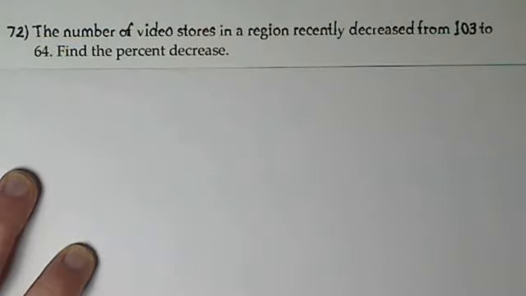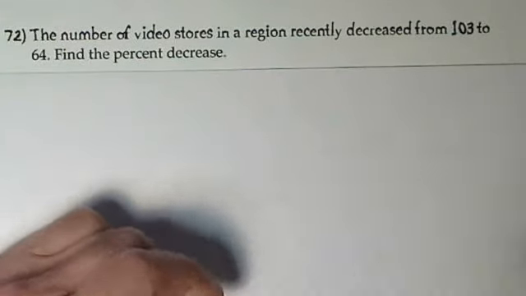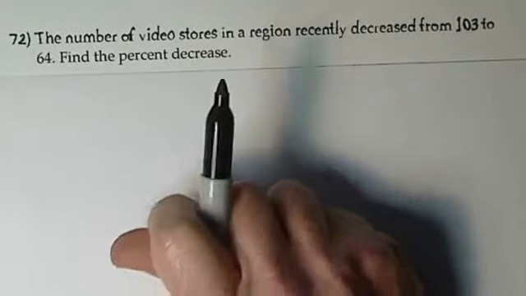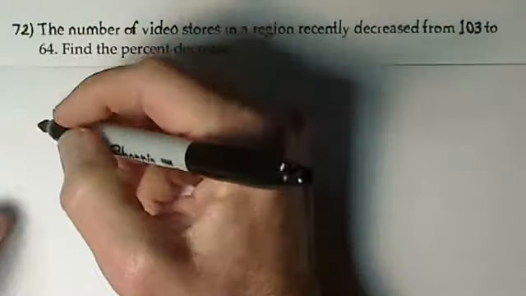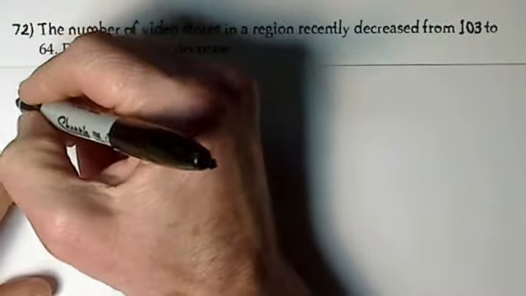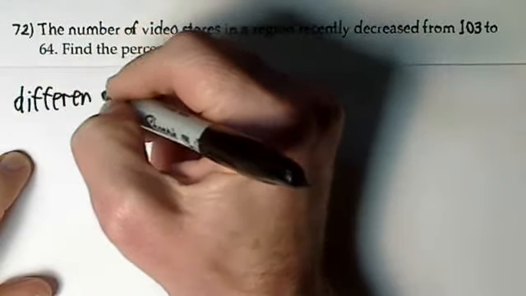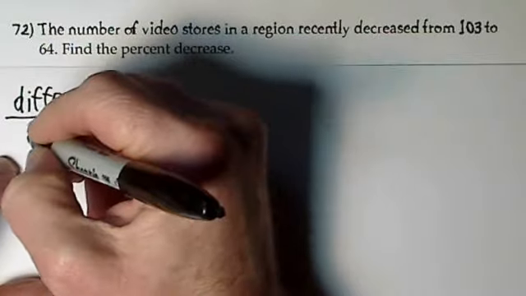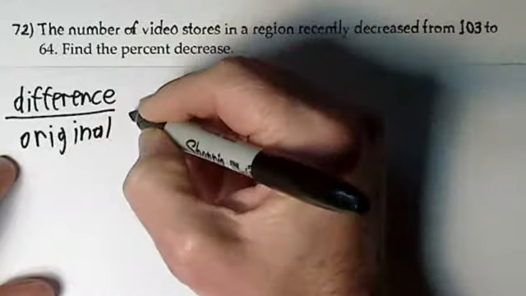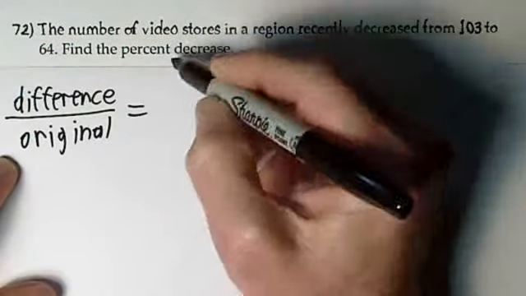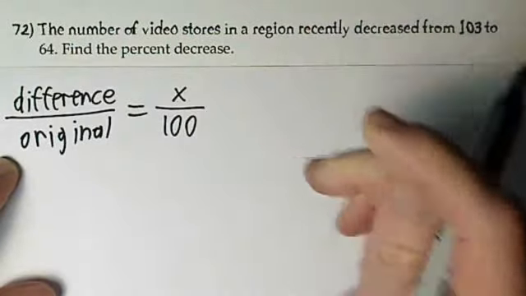Find the percent decrease. Whenever you're asked to find the percent increase or the percent decrease, you're going to have to follow this pattern. You put the difference over the original, and that is equal to, they're always going to say find the percent, so it's what percent over 100.